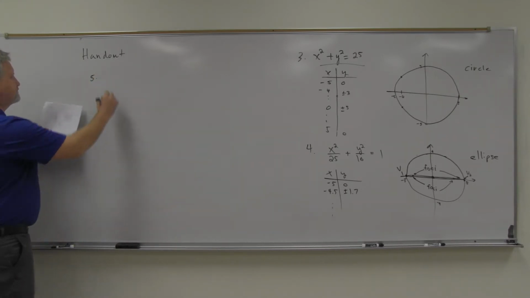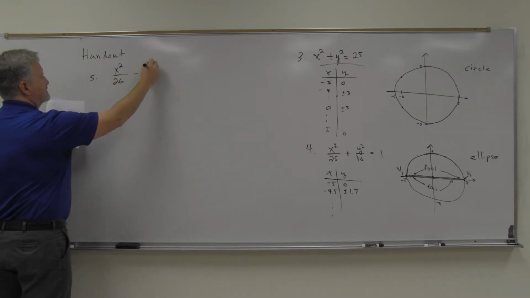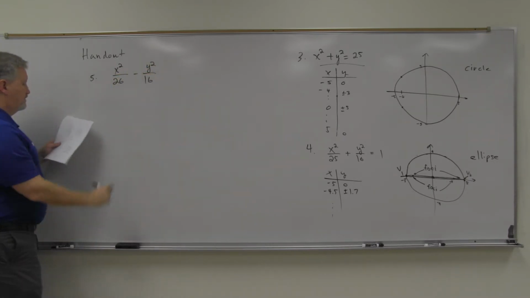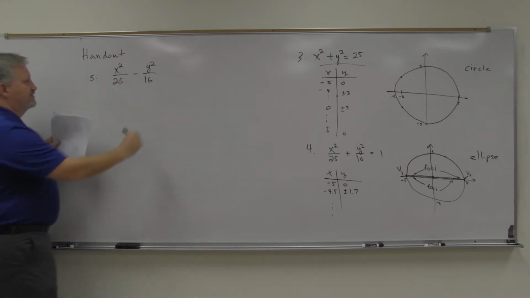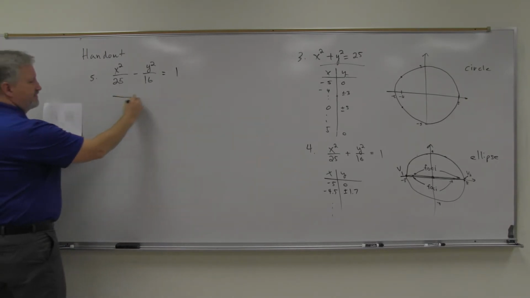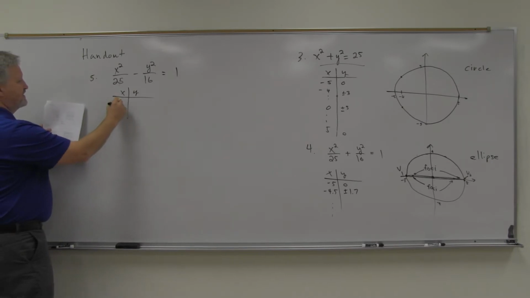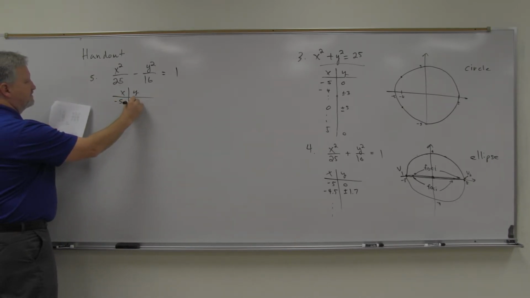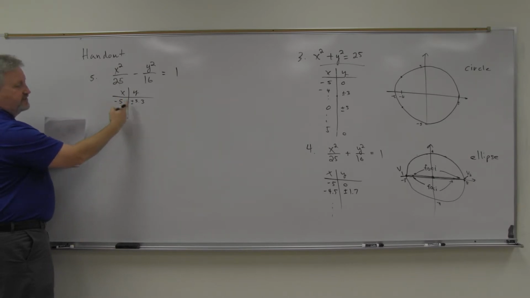Number 5. We've got x squared and y squared, but it's x squared over 25 minus y squared over 16 equals 1. If I do the table of values, I'm not going to write all those out here. Just mention that for every x value you choose, you get a couple of y values, and you do the same thing for the y value.